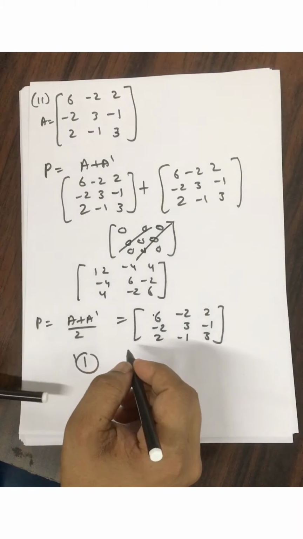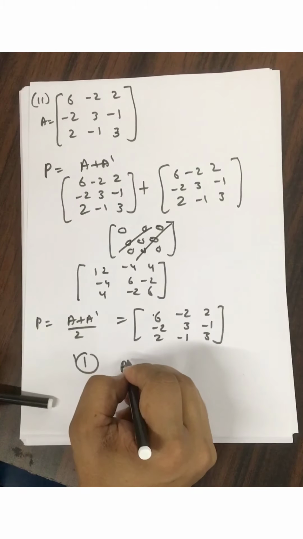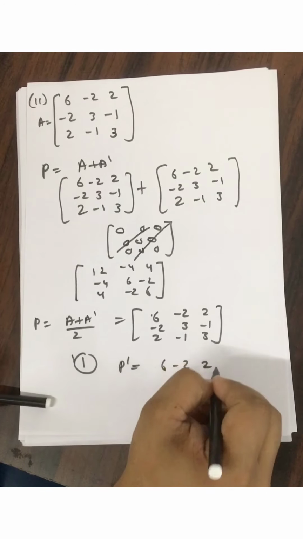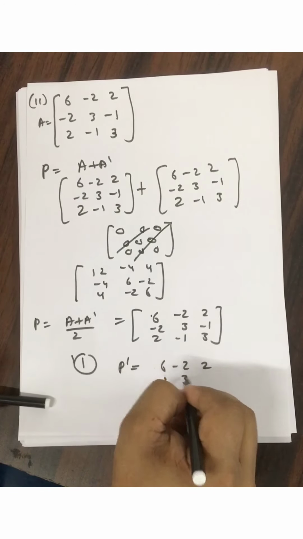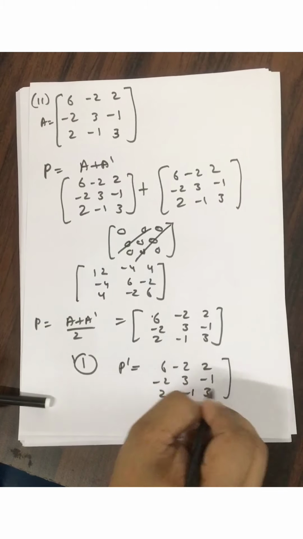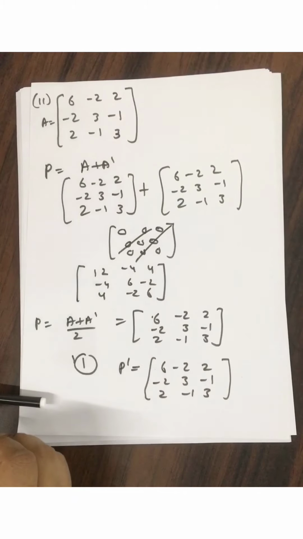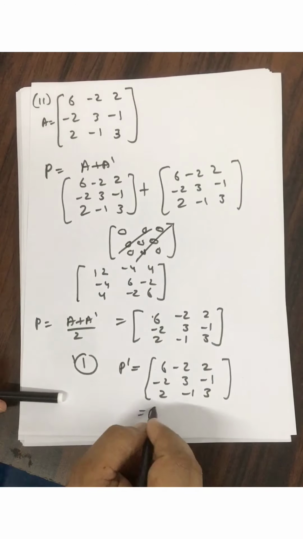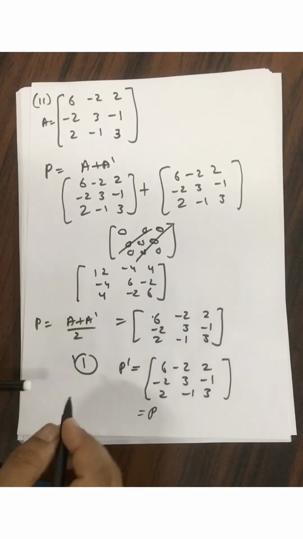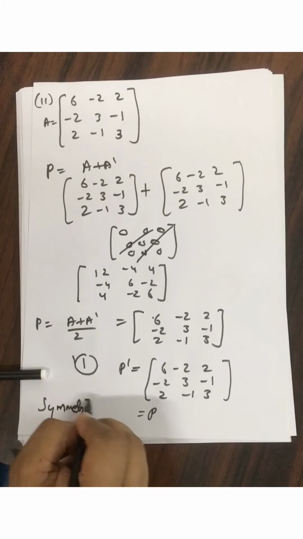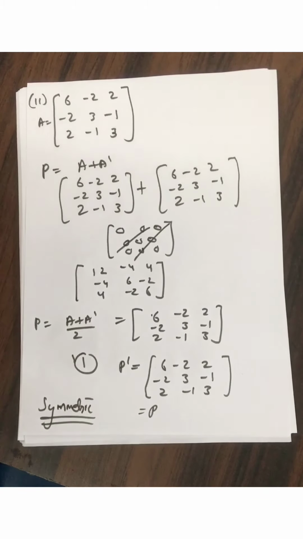Now let's check P dash, transpose of P. That will come 6, minus 2, 2, minus 2, 3, minus 1. Oh, it's coming the same. So this is equal to P, so this is symmetric. Got it?